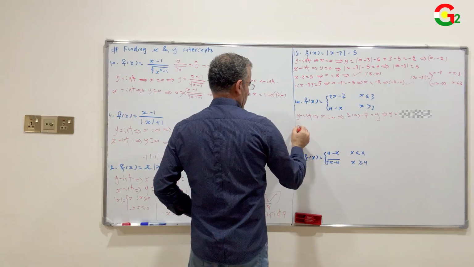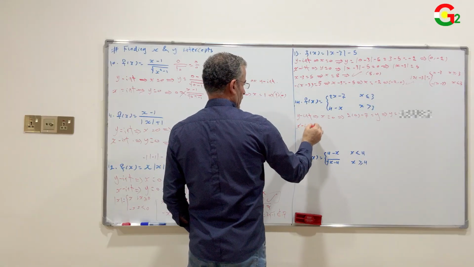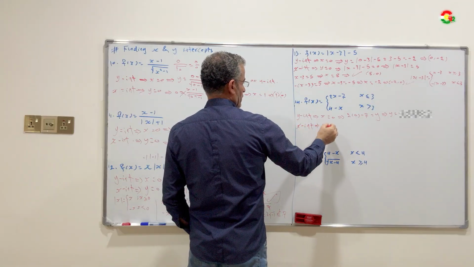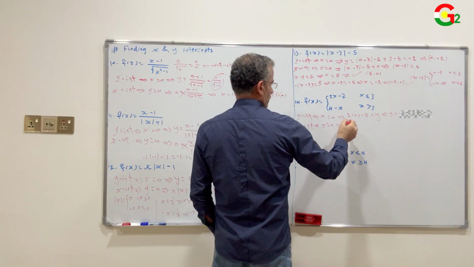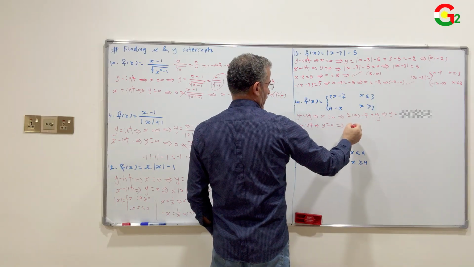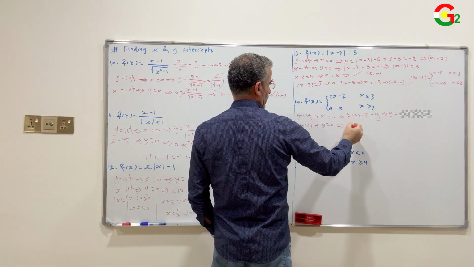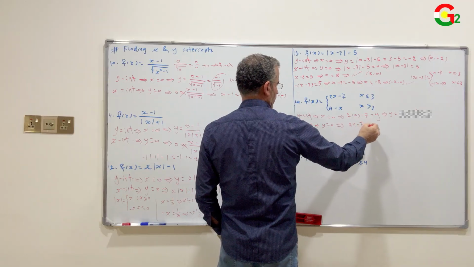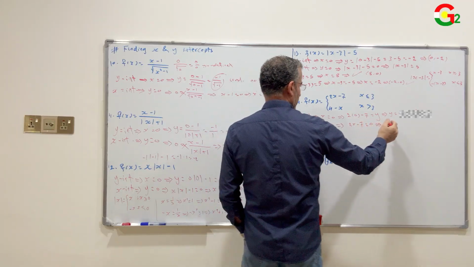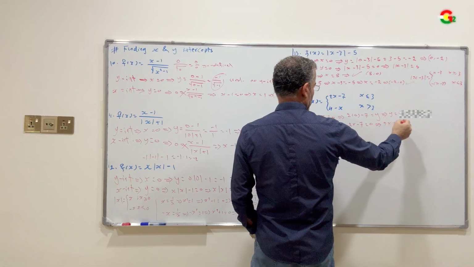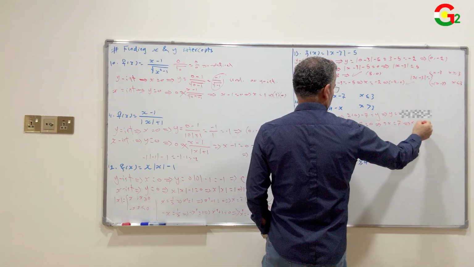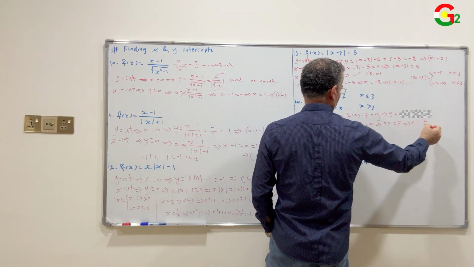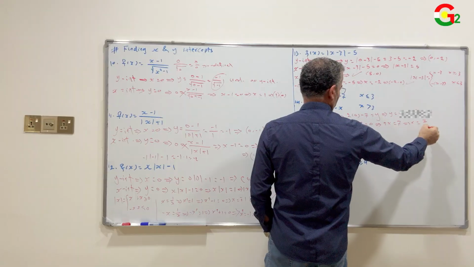For the x-intercept, we set y equals 0 for both segments and find the value of x and check it. 2x minus 7 equals 0. Then 2x equals 7, then x equals 7 over 2.